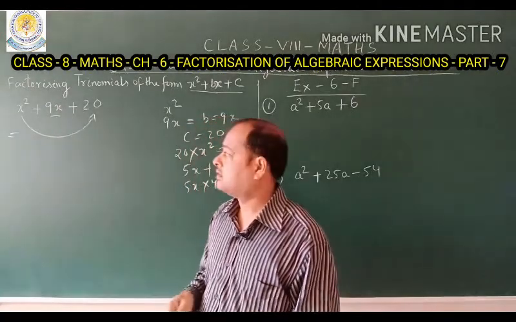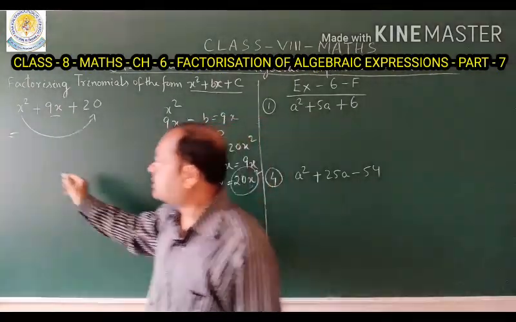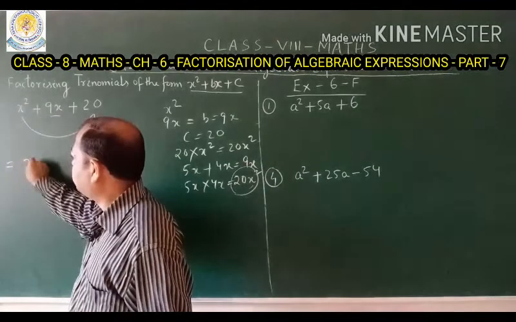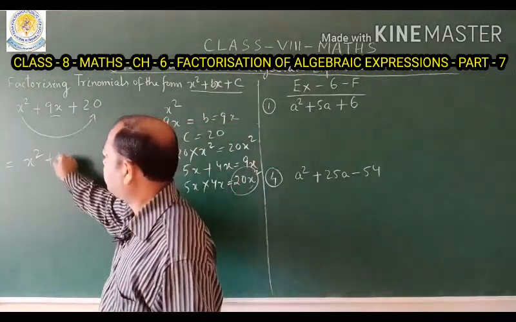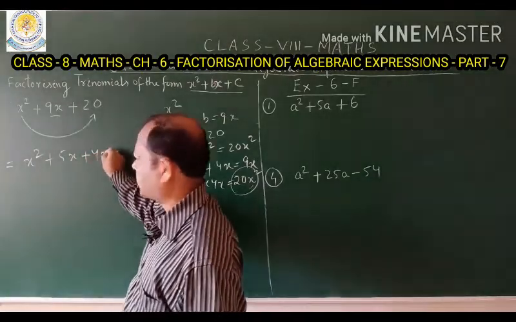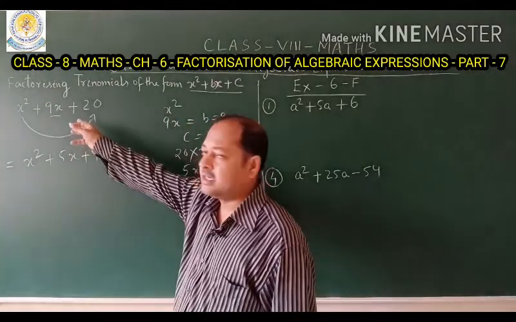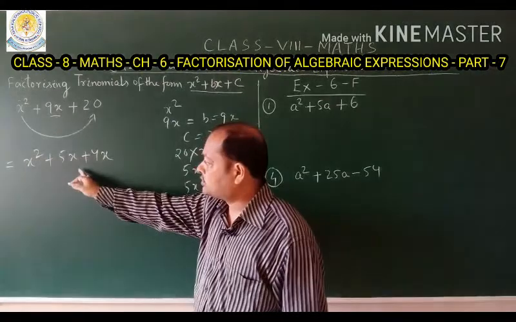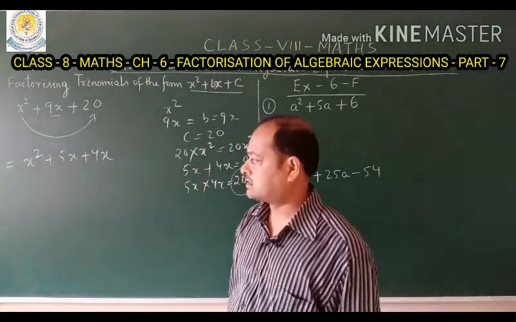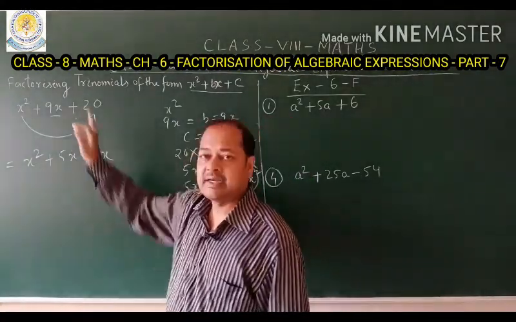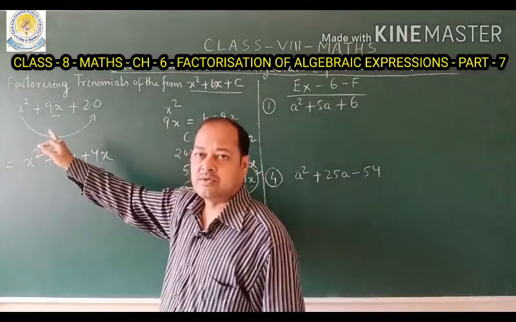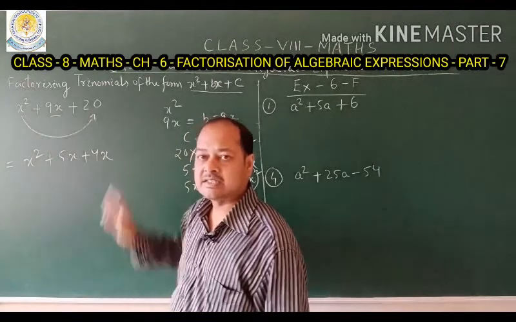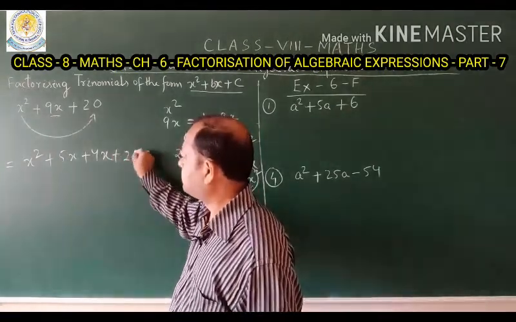So we split the middle term 9x into 5x plus 4x. If I add, I get 9x. If I multiply, I get 20x square, which is the product of the first term and the last term, and plus 20.